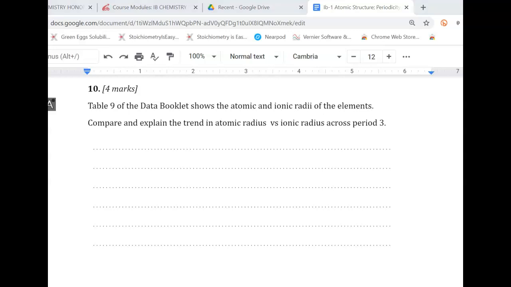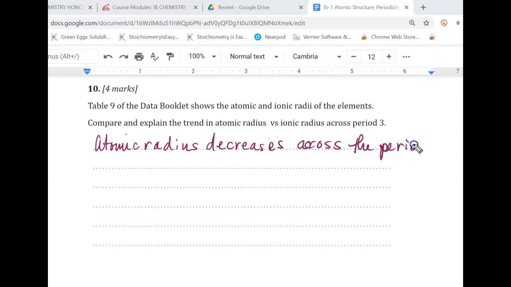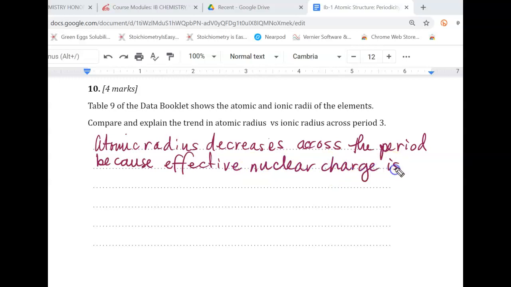Okay, so for this, we would say that the atomic radius decreases across the period because effective nuclear charge is increasing as protons increase.